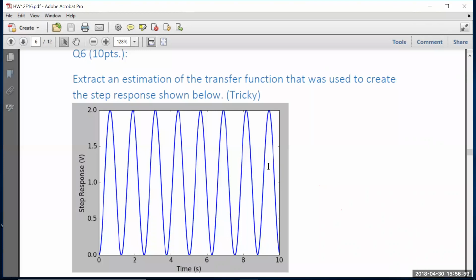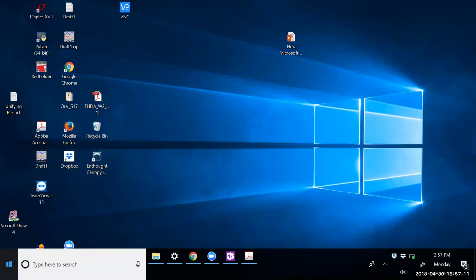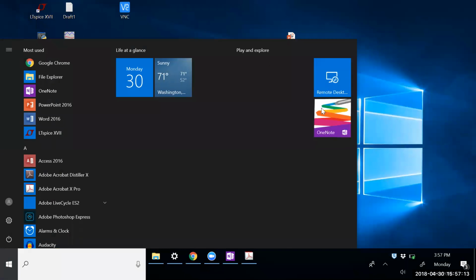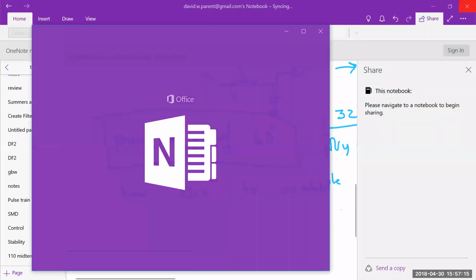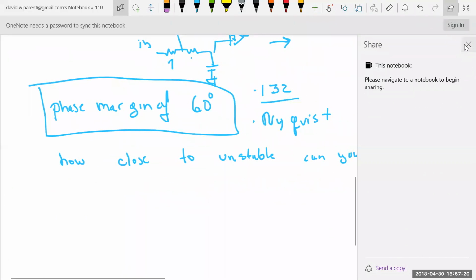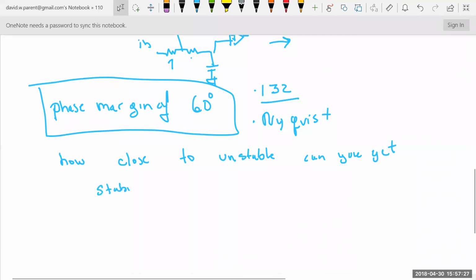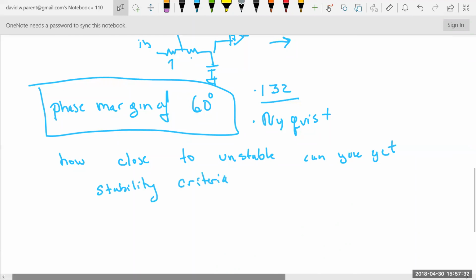Now, for exams, for the stability, use the criteria.